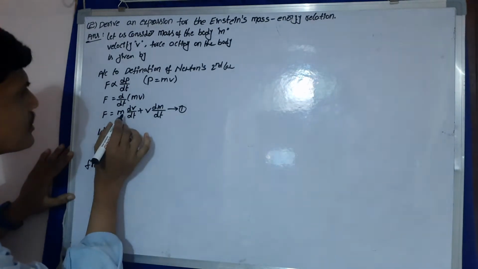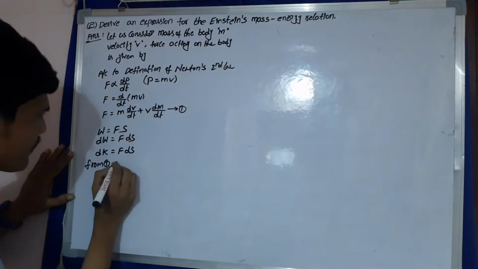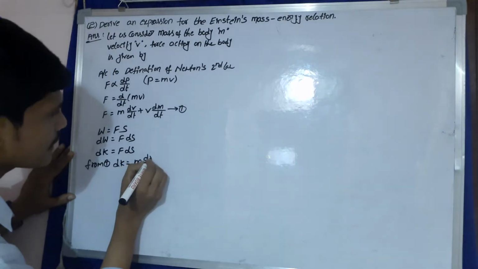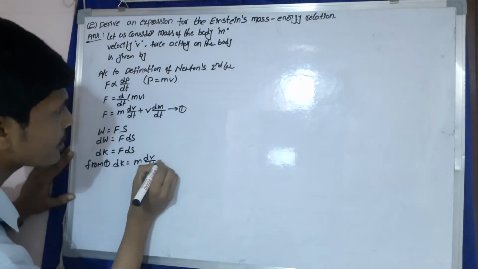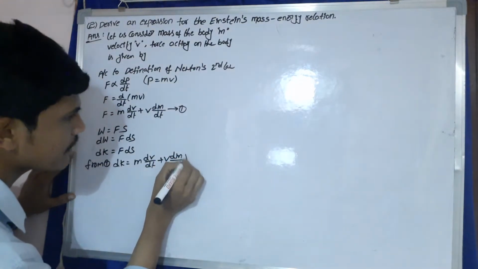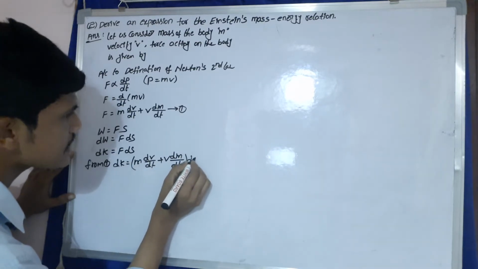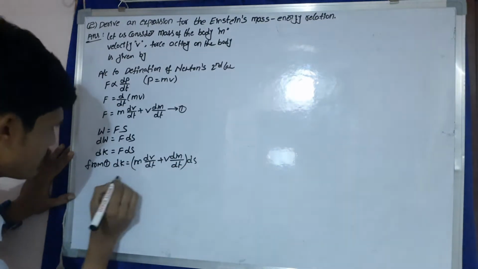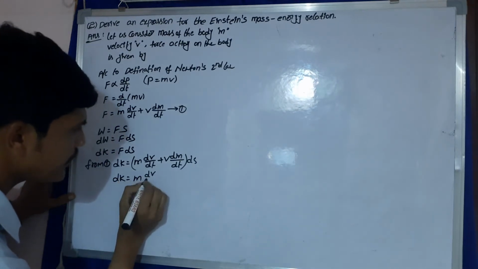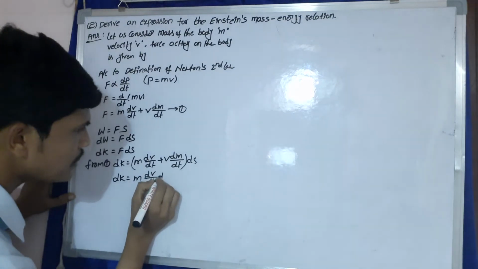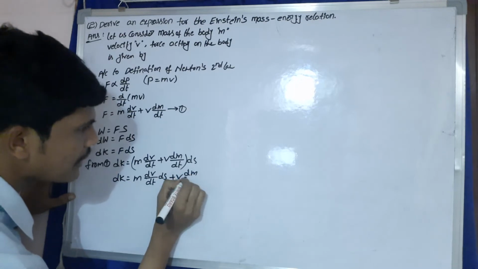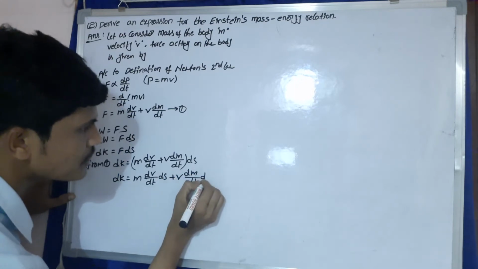So F ds, with F from equation 1 substituted, dK equals m into dv by dt plus v into dm by dt, into ds. So dK equals m into dv by dt into ds plus v into dm by dt into ds.